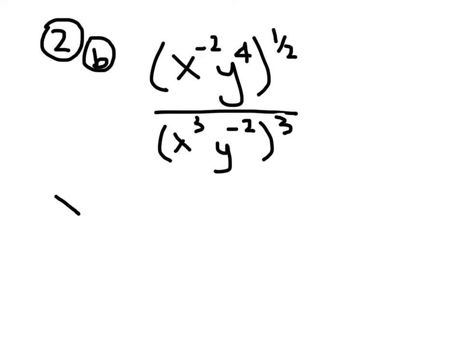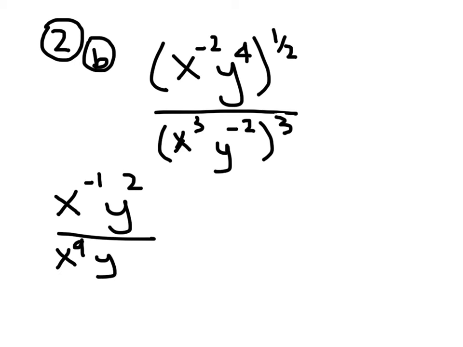So in the numerator, we'll have x to the power of negative 1 and y to the power of 2. In the denominator, we will have x to the power of 9 and y to the power of negative 6. Now we can go ahead and move the terms that have negative exponents.